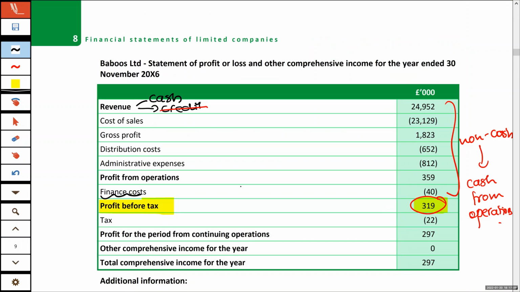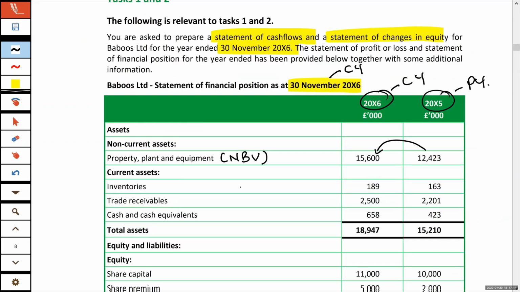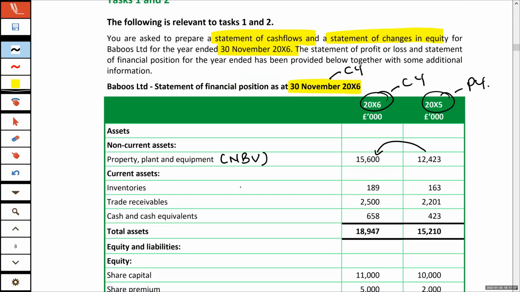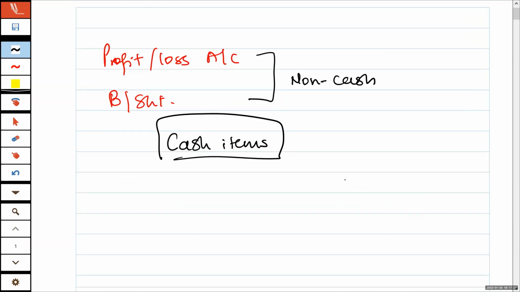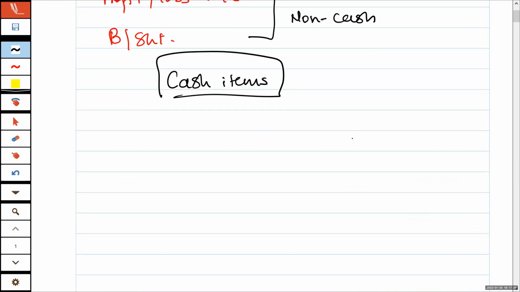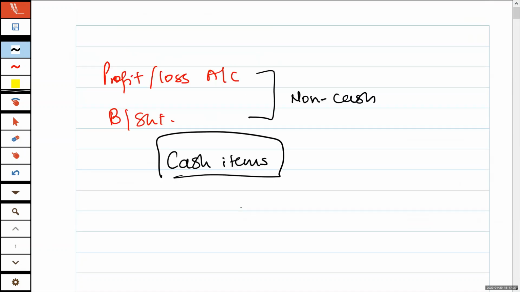Then I'm moving down to current assets. Now, current assets, they are what we call working capital movements. Because in your mind, you need to get a picture of how a cash flow statement or a pro forma looks. So cash flow, as we were talking about, works from our profit and loss account and our balance sheet.